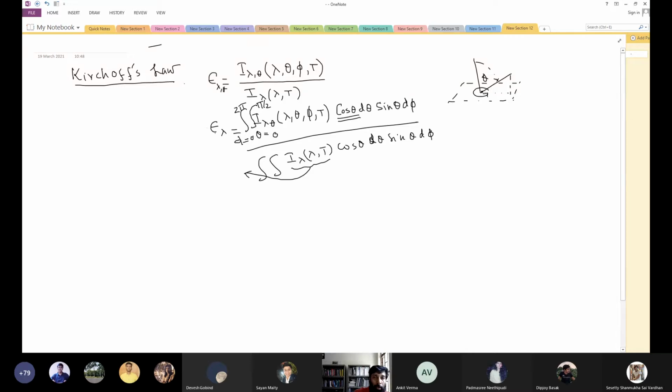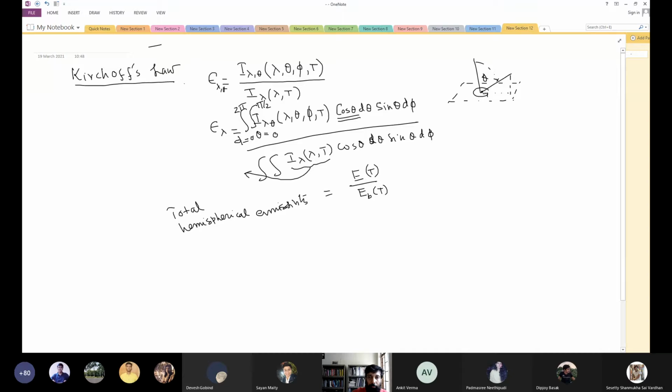So this is the spectral emissivity. And if we say the total hemispherical emissivity, that is basically the emission from the real body divided by the emission from the black body at a given temperature.